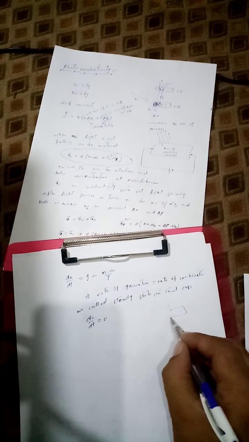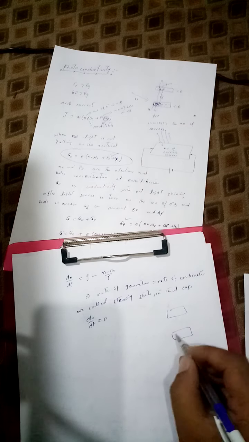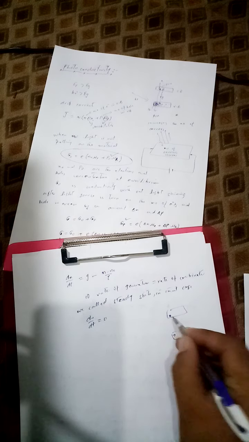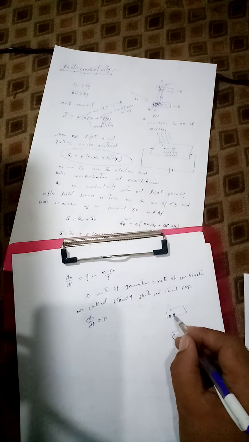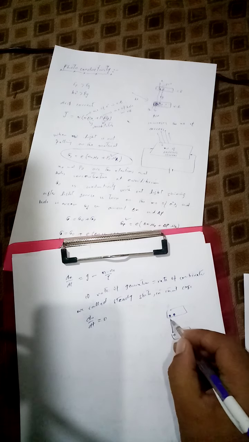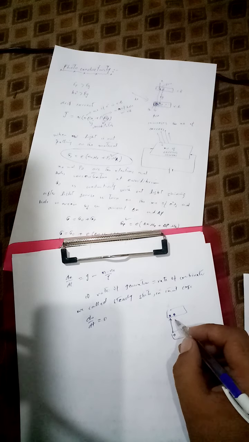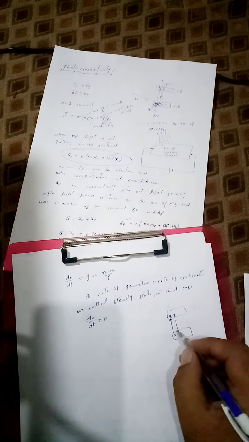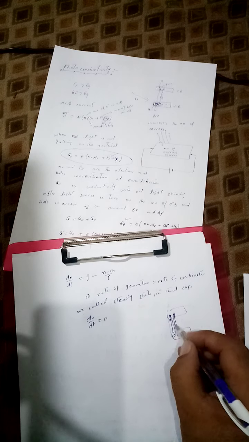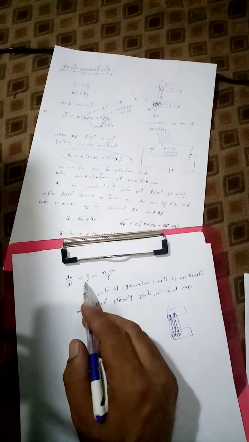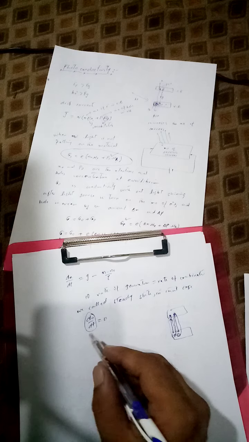If one pair of electron and hole is generated, then one pair is annihilated.